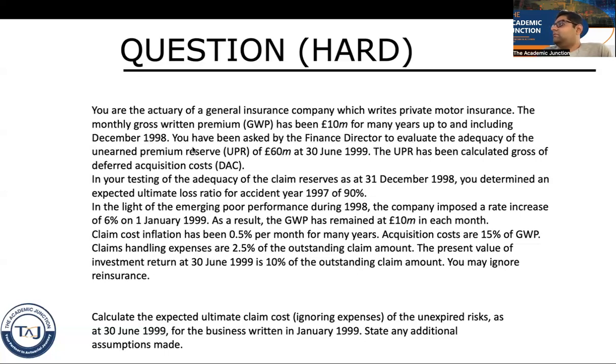Acquisition costs are 15% of GWP. Claims handling are 2.5% of outstanding claim amount. The present value of investment return is 10% of the outstanding claim amount. You may ignore reinsurance. Calculate the expected claim cost, ignoring expenses, of the unexpired risk as at 30th June 1999 for the business written in January 1999.